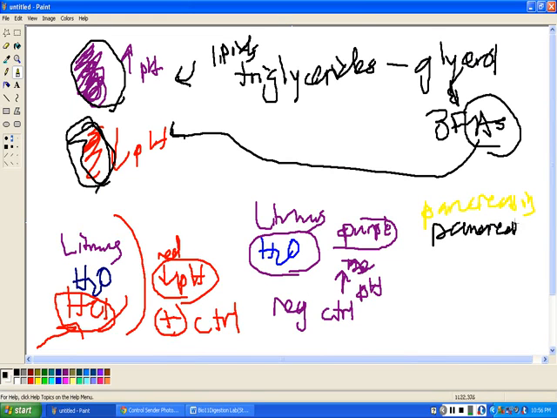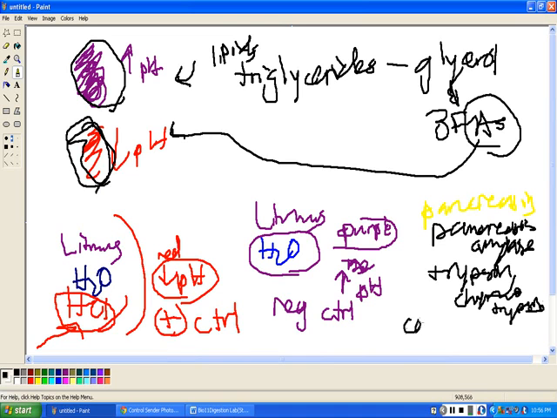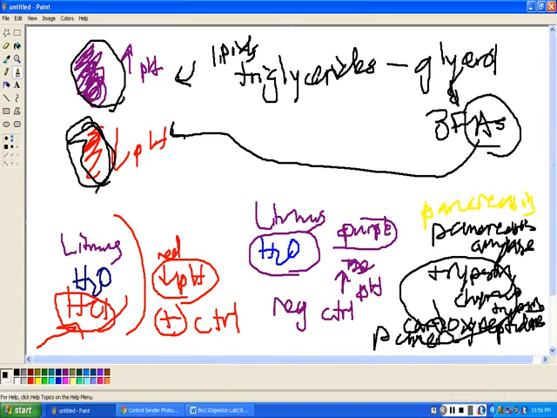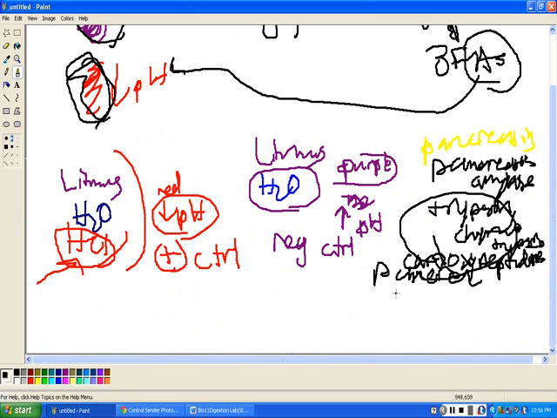We have pancreatic amylase, we have trypsin, chymotrypsin, and carboxypeptidase, whatever. All 3 of these are proteases, and finally we have pancreatic amylase. My handwriting is getting messier and messier.